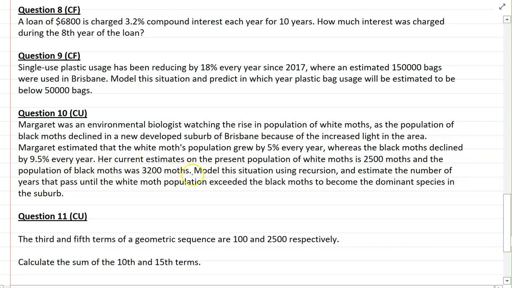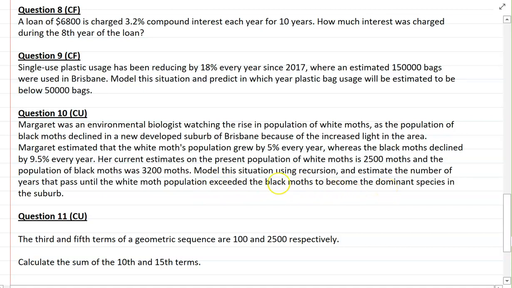Her current estimates of the present population are 2,500 white moths and 3,200 black moths. Your job is to model this situation using recursion and estimate the number of years that will pass until the white moth population exceeds the black moth population.